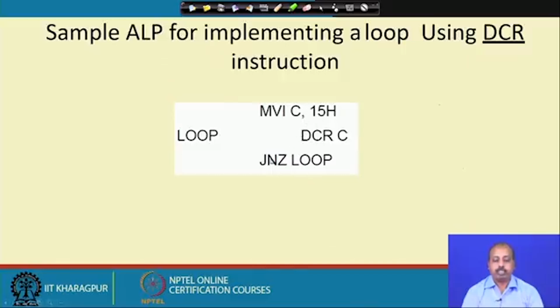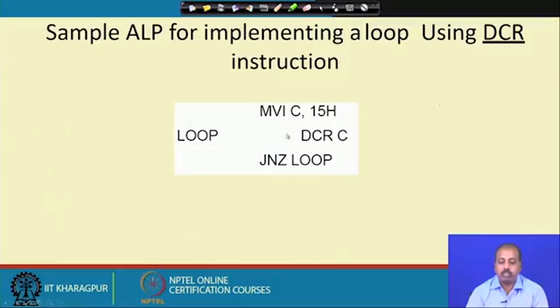First it will become 14 hex, then we check the flag. Because of this decrement operation, the flag register gets affected, and since the value is still positive, not yet 0, the jump on not 0 will be true, and it will jump to the address loop.